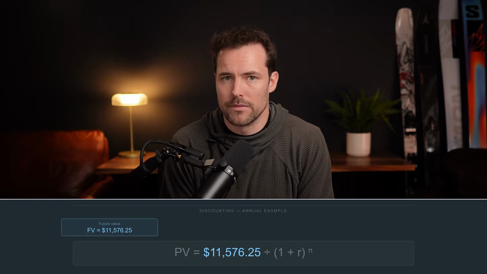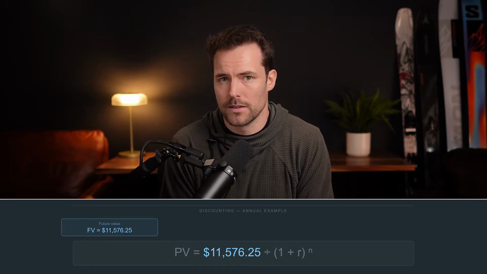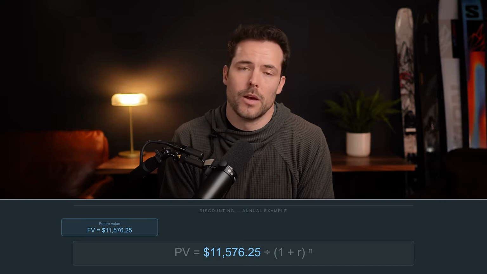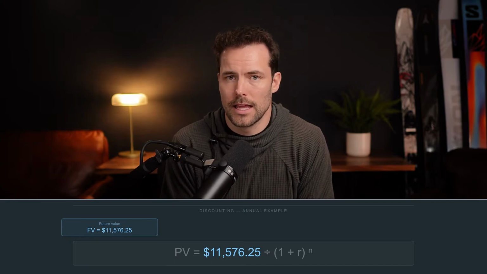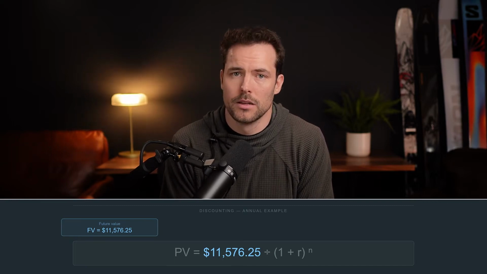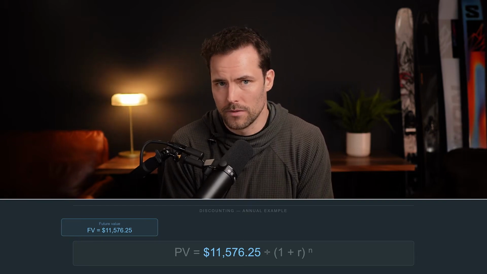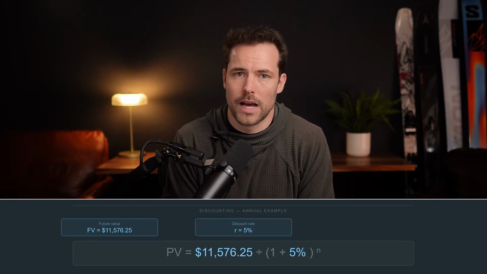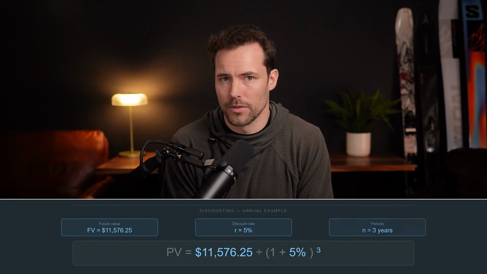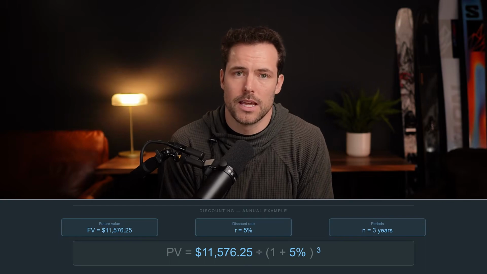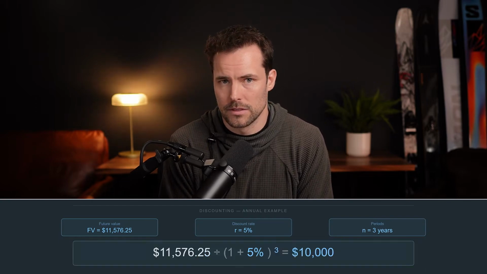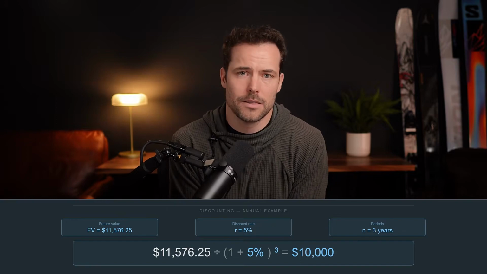So returning to our annual example, if we're told we'll receive $11,576.25 3 years from now, and want to know what that amount is worth today at a 5% discount rate, we divide $11,576.25 by 1 plus 5% raised to the power of 3. Doing so gives us a present value of $10,000.